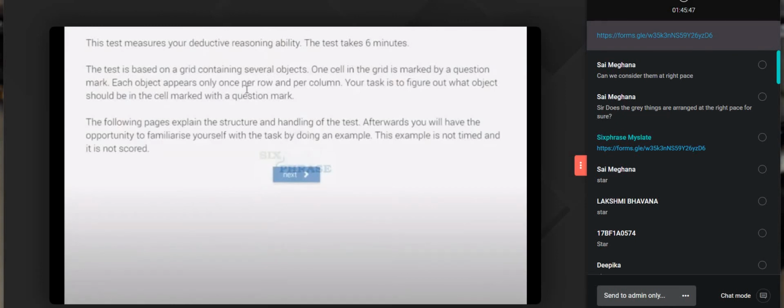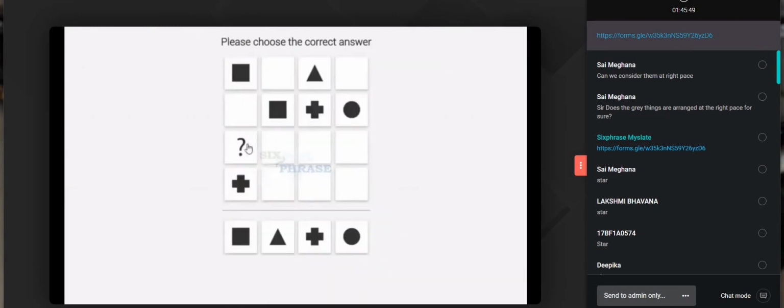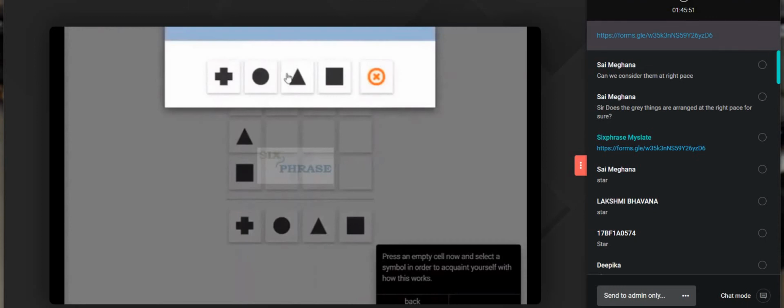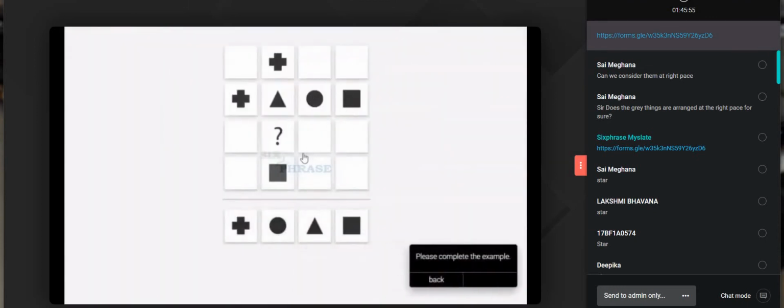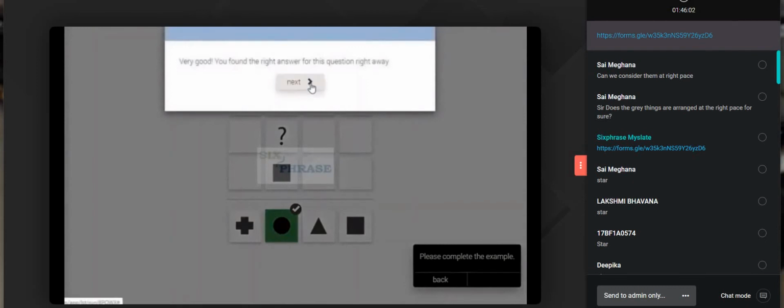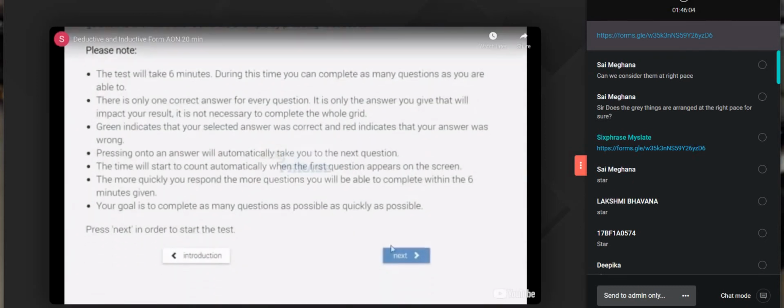Just a minute, guys. Right, so just read this, okay? Read this thing.